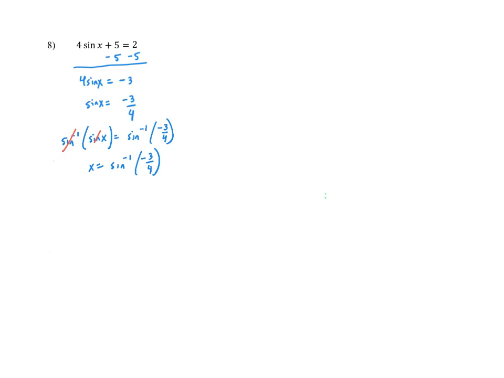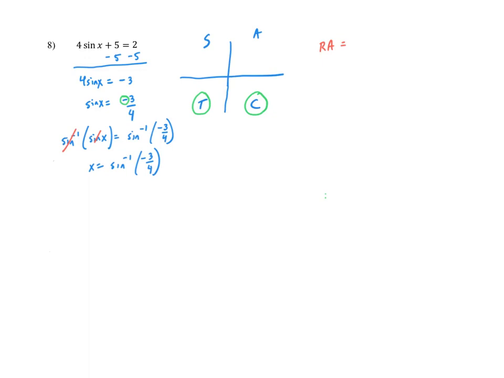If we directly plug this into our calculator, we are going to get something that might not be useful for you. That's why we're going like this. All students take calculus. In this problem, the sine value is negative, so that means that we are in the third and fourth quadrants. Our solutions are in the third and fourth quadrants.